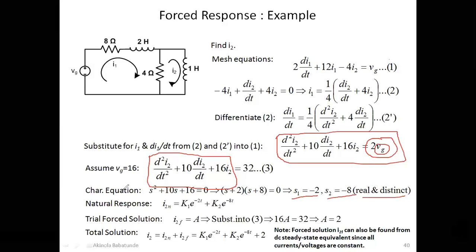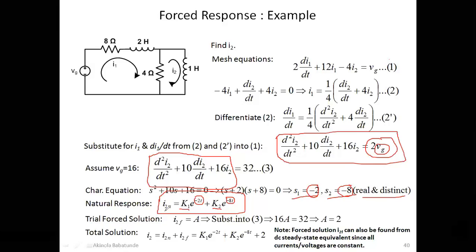When you have that, your natural response will be equal to k1 e to the minus 2t, since s1 is minus 2, plus k2 e to the minus 8t, since s2 is minus 8, and then you have your k1, you have your k2, and your natural response put together that way. What would be the forced solution?